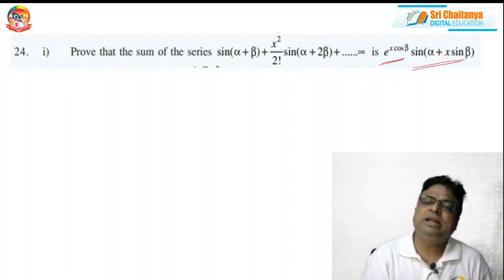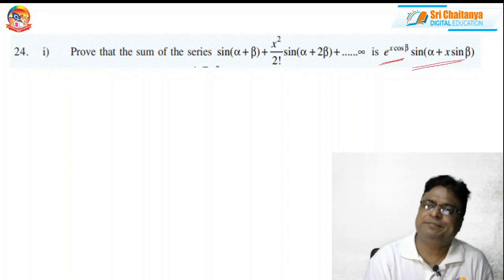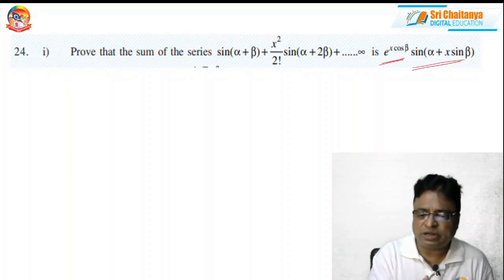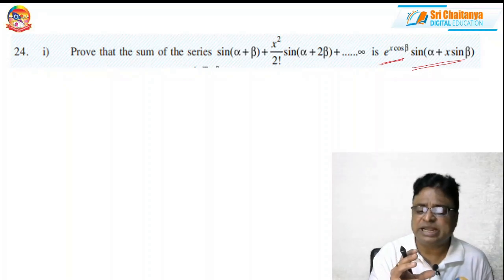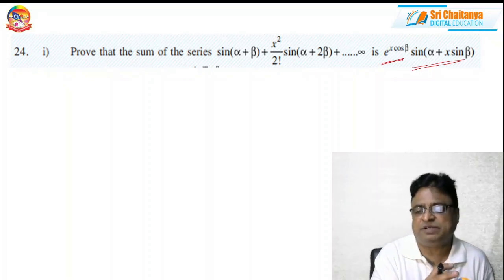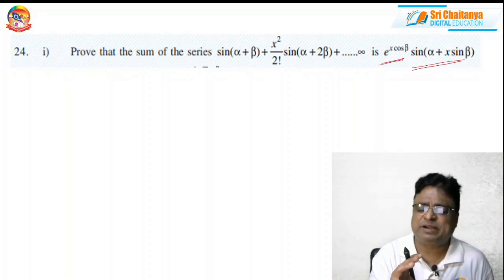Getting an immediate idea to solve this problem is somehow different and difficult for anyone, but only with experience can one get an idea. But while looking at the factors in each and every term, then only you will get the idea that the sine part is always the imaginary part of e power i alpha, and x plus x square by factorial 2, x cube by factorial 3 should come in the expansion of e power x.